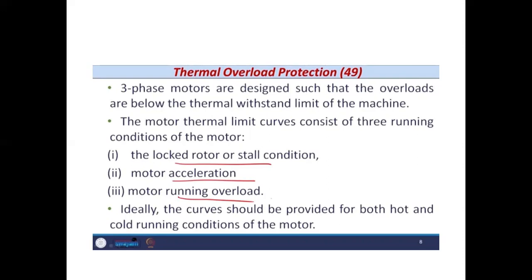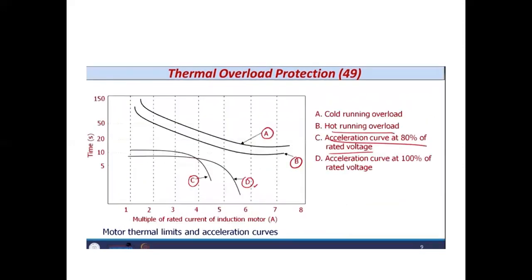The second is the acceleration condition, and the third is the motor running with overload condition. Ideally, all three curves should be provided for both hot and cold running of the motor. So these are the curves.